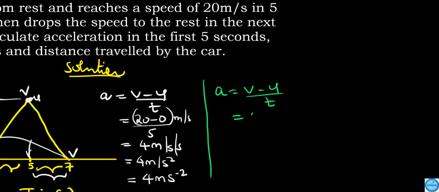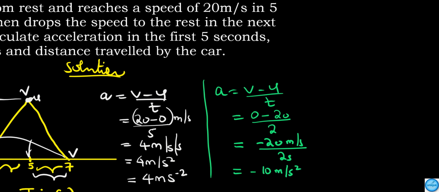Our v is 0, our u is 20, then divided by the time taken, 2 seconds. 0 minus 20, that's negative 20 meters per second divided by 2 seconds. The answer is negative 10 meters per second squared. That's deceleration. Negative means a decrease in the speed.